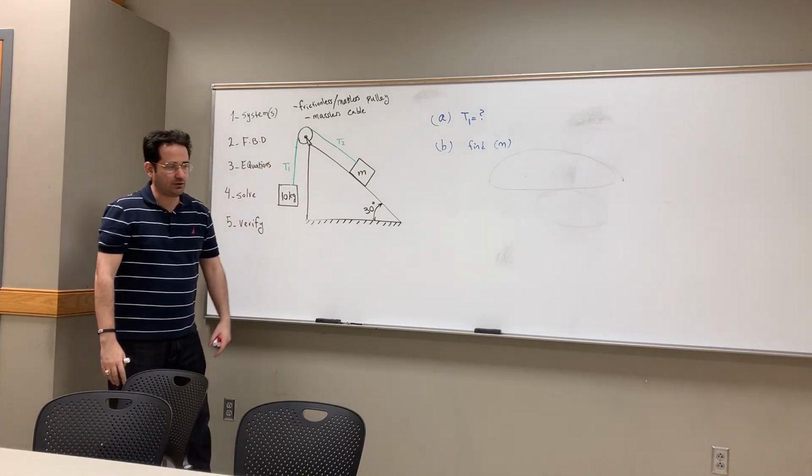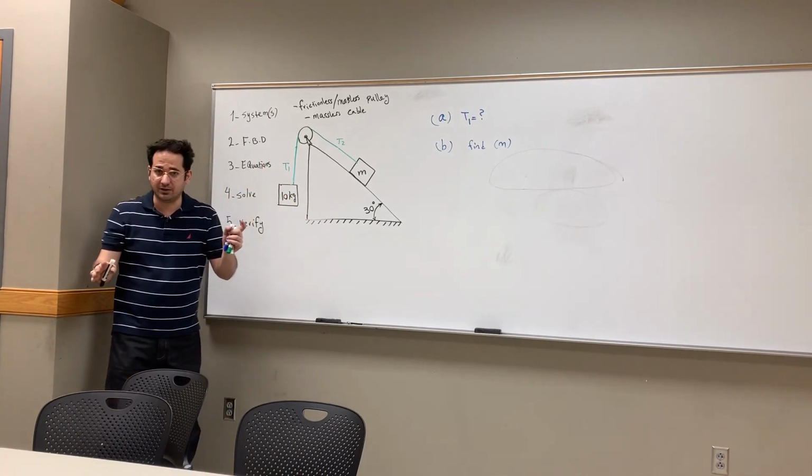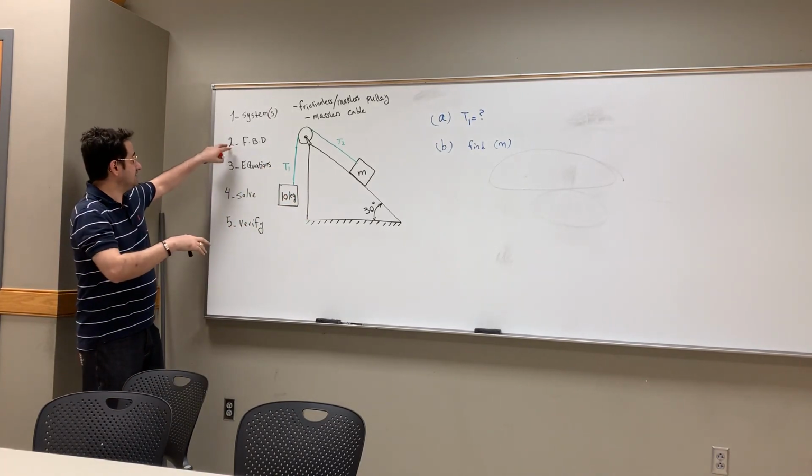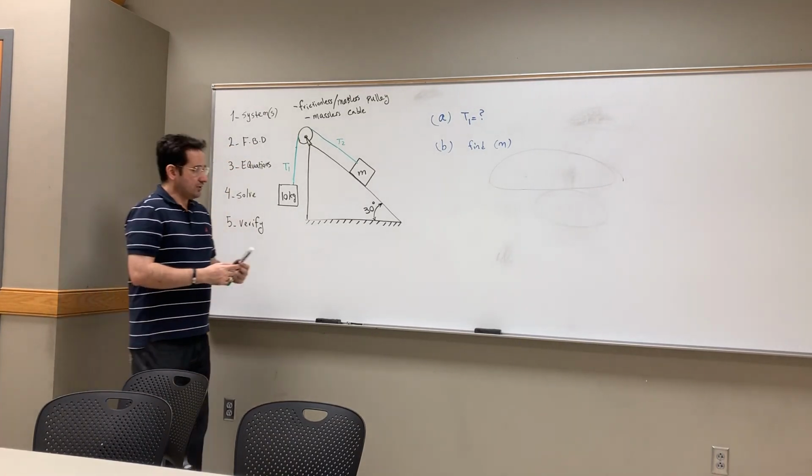But for the purpose of elucidation for this problem, I want to choose every single part as a system very slowly, and then draw FBDs for all of them, and then do the equations, right? So let's do that.